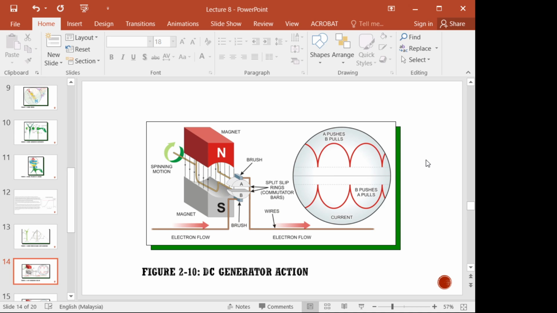Right, this is a direct current generator in the wind turbine. So basically in a wind turbine we have a magnetic field, and as it spins, the magnetic field will be cut by the stator, and it generates electron flow, and therefore electricity is produced.